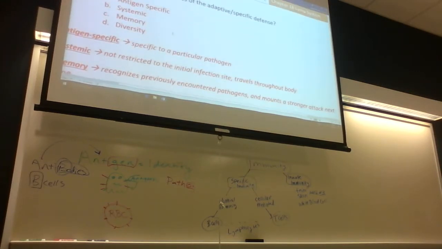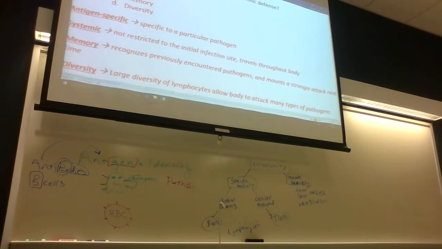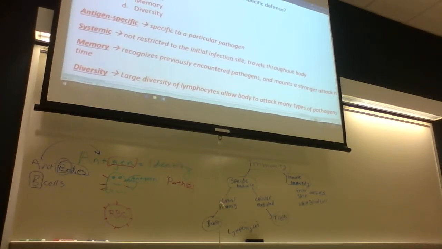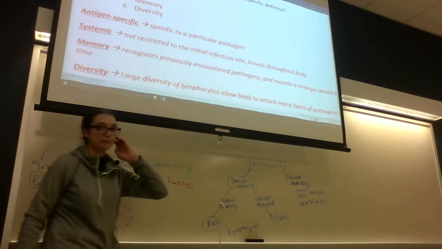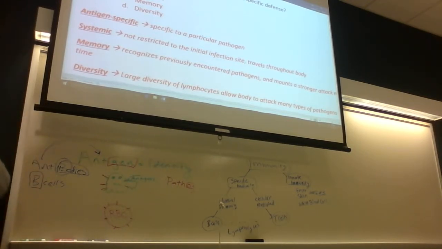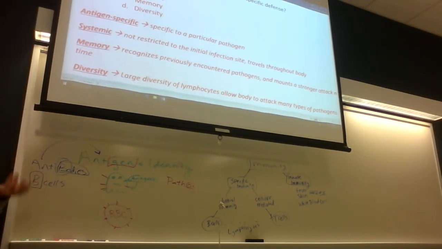So next we have four properties of the adaptive specific defense. These are what really define your specific immunity. They are antigen specific, whether chickenpox virus or strep bacteria or whatever.